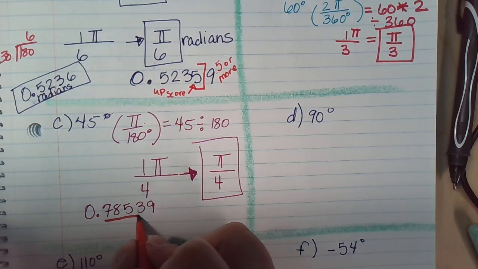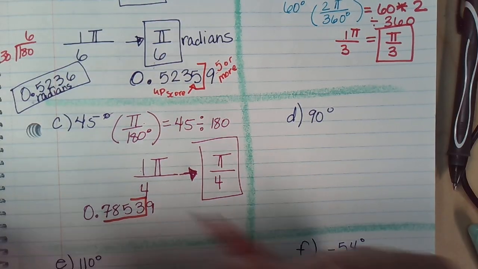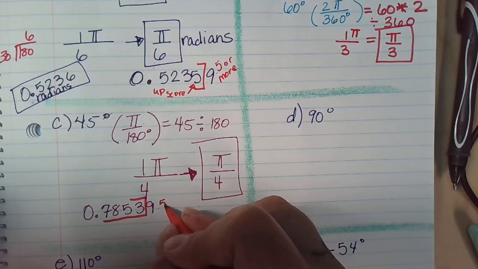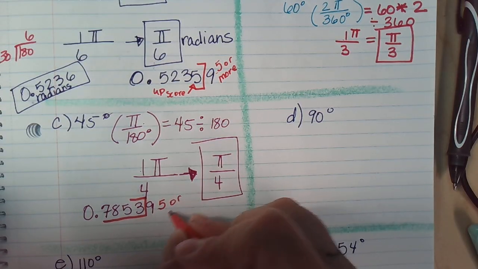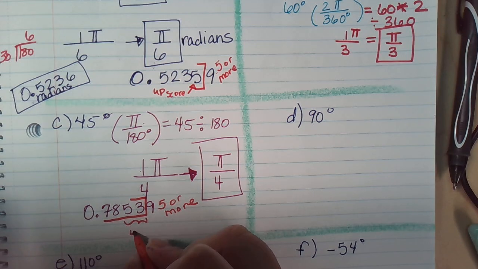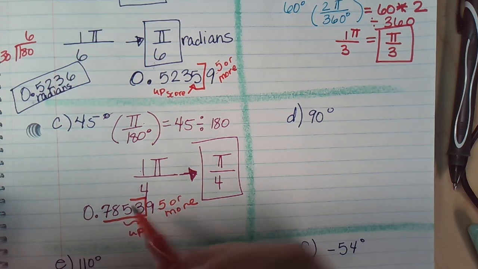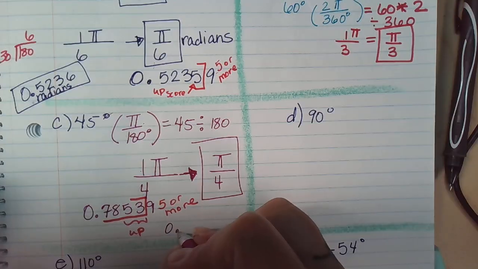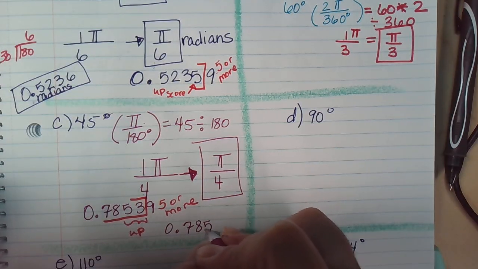And we want to round to 4 spots, so that 5th spot tells us what to do. He's 4 or... No, he's not. He's 5 or more. So we're going to up the score. And when I say up the score, that means this 53 needs to change to a 54. So we get 0.7854.